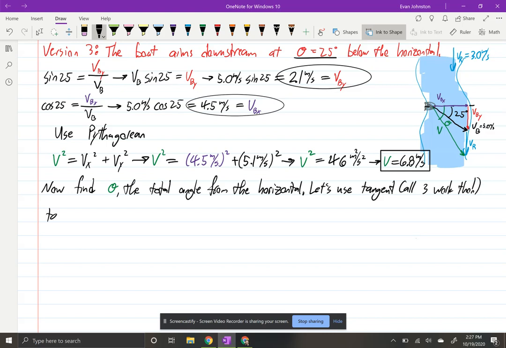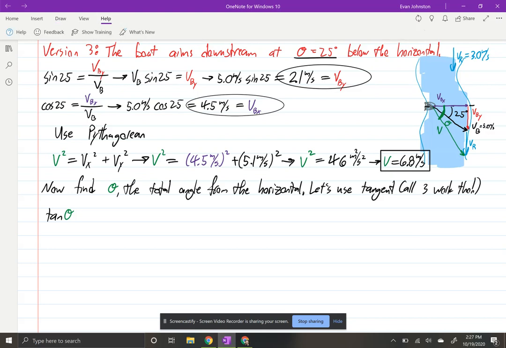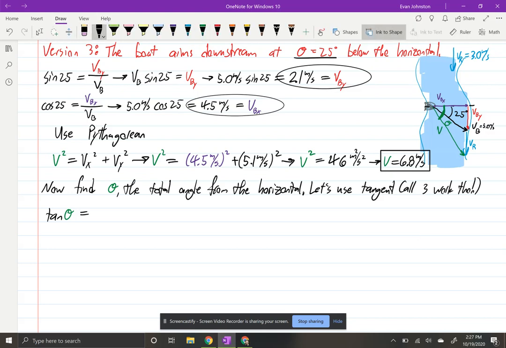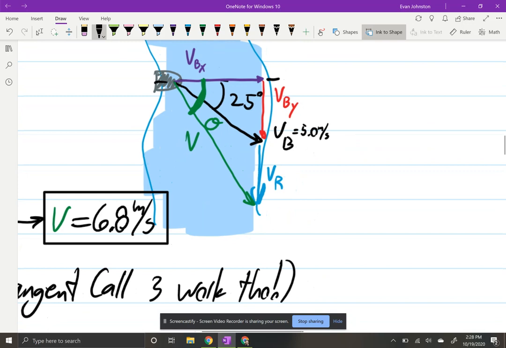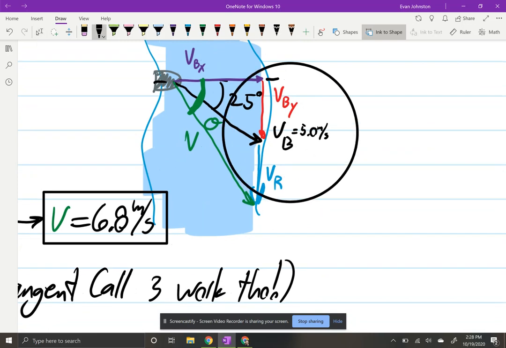So really, I have tangent of this big giant angle. This angle's from the horizontal all the way over here, right? Well, that's equal to all of my y's or all my opposites over all of my adjacents. So tangent is again opposite over adjacent. So tangent of this angle is equal to the opposite, this entire vertical side.